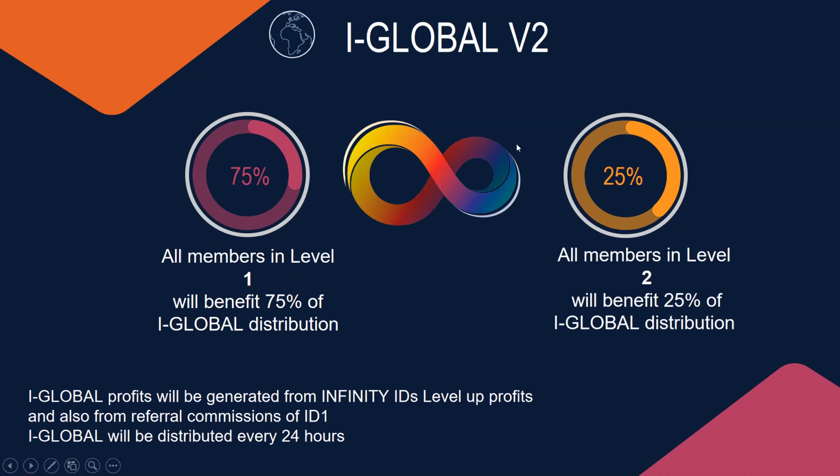The remaining 25% will be sent to level 2 real IDs. These guys' earning is 0, and these guys' earning is 10 Trons. These are the only 2 levels that still didn't get back their registration fees.